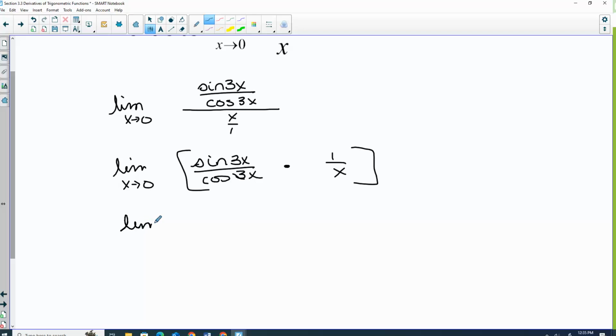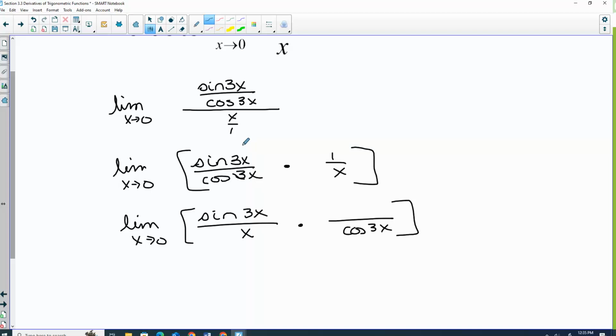Now, we're not adding, we're multiplying, so we get that cosine out of it. So what I'm just going to do is reorder. Since it's multiplied, I want to put the x in this one and the cosine 3x over here. Doesn't this multiply to the same thing? Yeah, sure does. If this is a 3x, what do I need on the bottom?